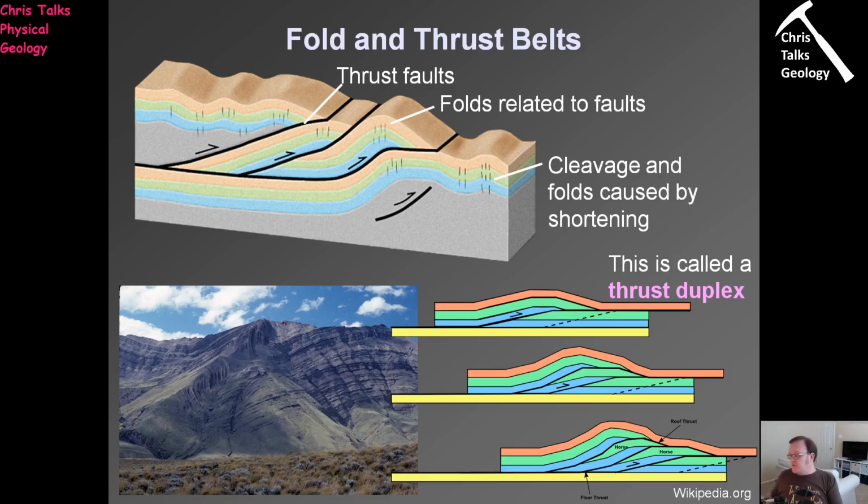So a combination of thrust duplexing, folding, volcanoes and intrusions all combined together will give you a mountain range. So this thrust duplexing is a very, very important process, because if it occurs on a large enough scale, you end up with the Andes, for instance.